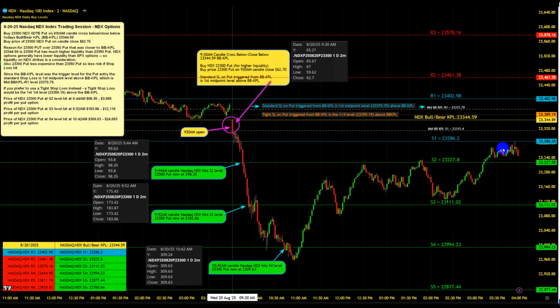As you can see, it went up, touched exactly this level here, and then faded off it. Again, here you can see it almost reached this level before fading off of it. Here it went up to it again, went slightly above it, and then went back down below it.